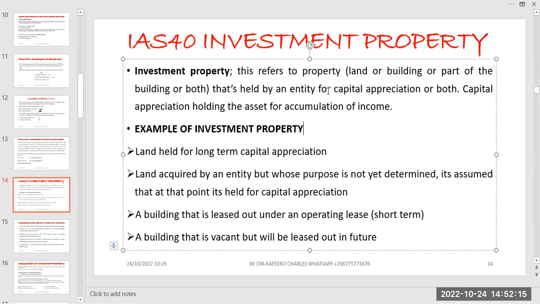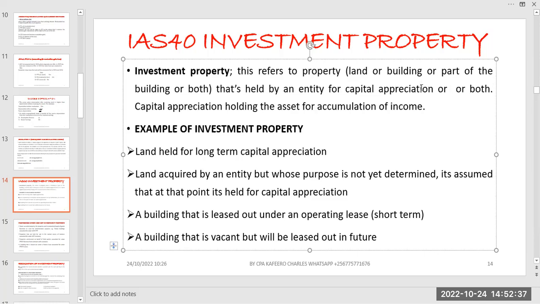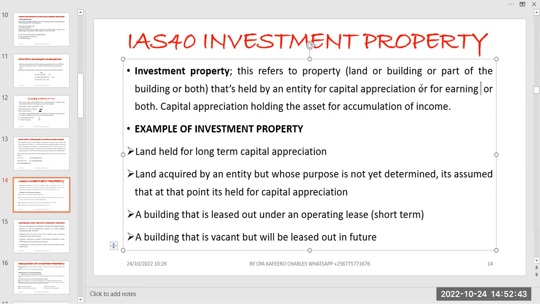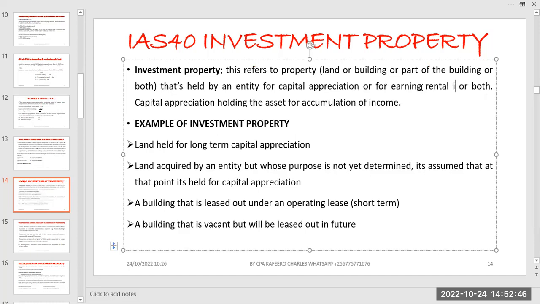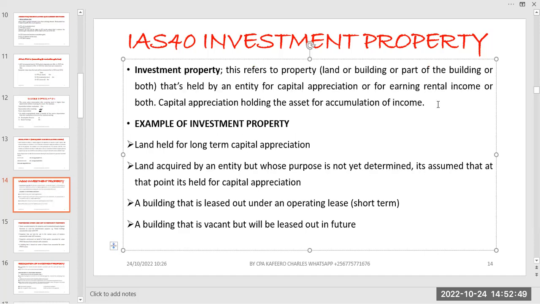We are saying these assets are used for earning rental income, or they are used for capital appreciation, or both.